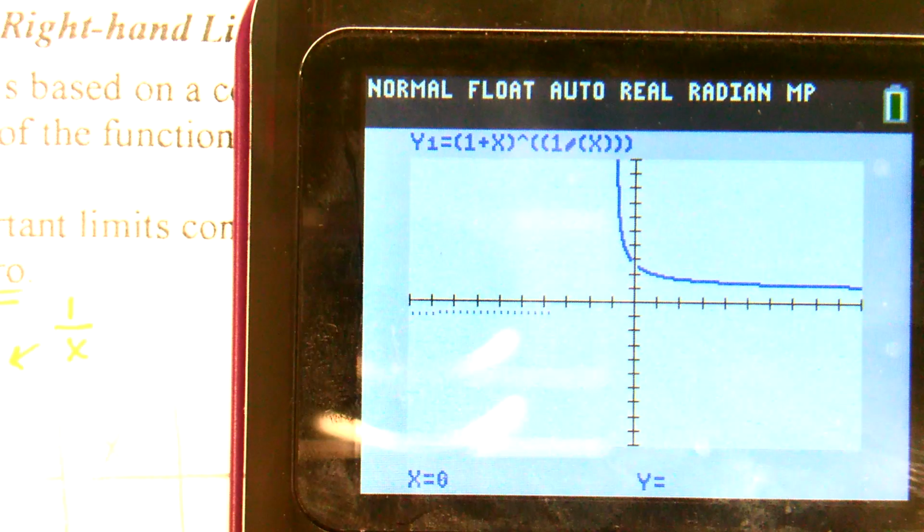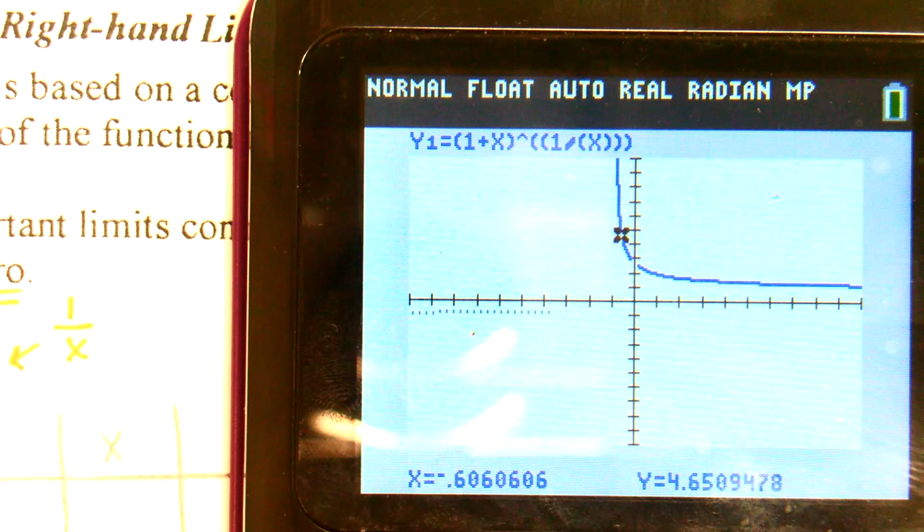Now, if you look at either side, like if we come up from the right, I'm getting closer to 2 point something, right? I got 2.39, 2.53. So from the right, I can see it's getting close to 2.53. What about if I come in from up above from the left? 4.65, 3.79, 3.29, 2.95.